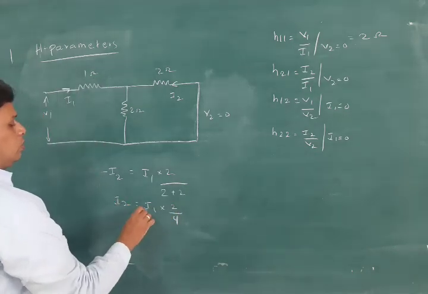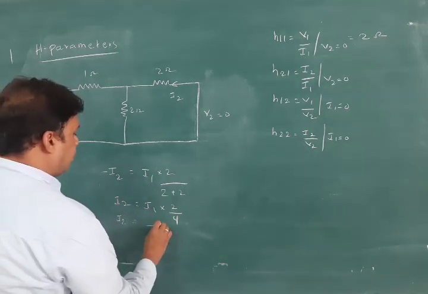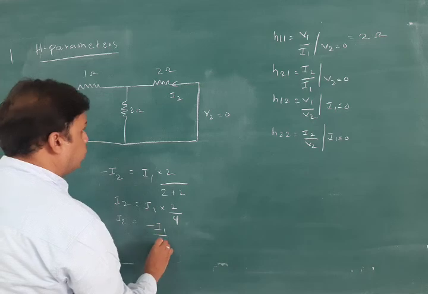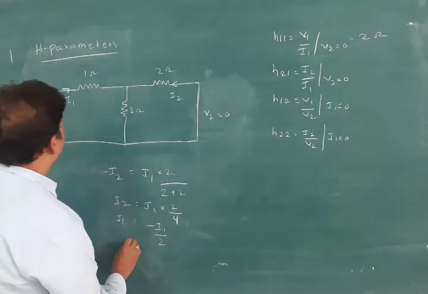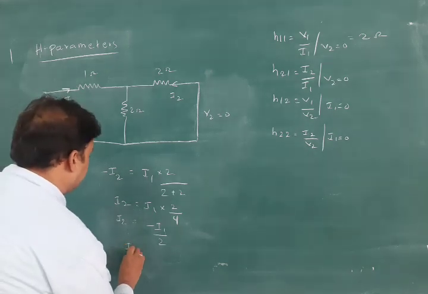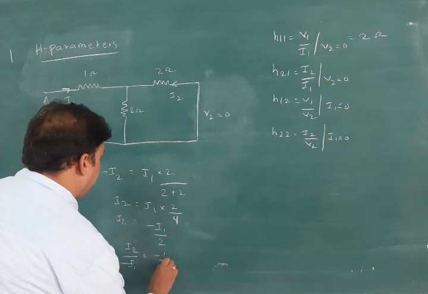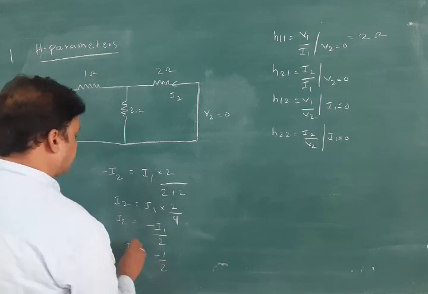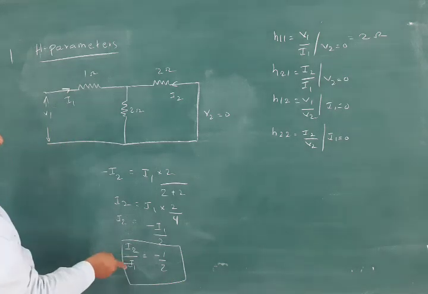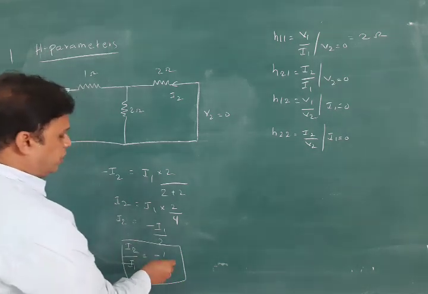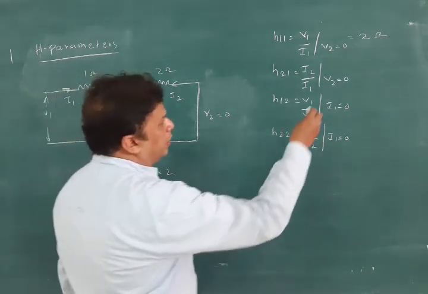So I2 is equal to minus I1 by 2. You want I2 by I1, which is equal to minus 1 by 2, because the units, ampere by ampere, cancel. We will write here minus 1 by 2.